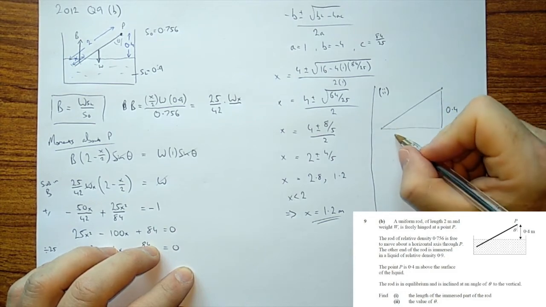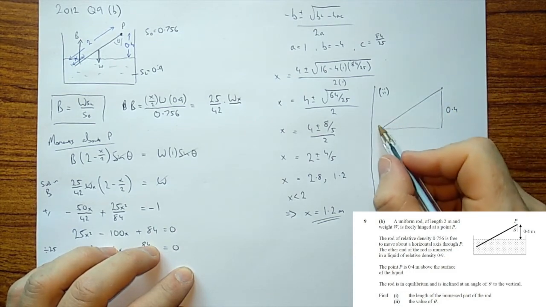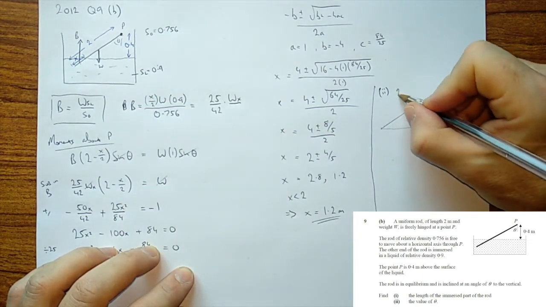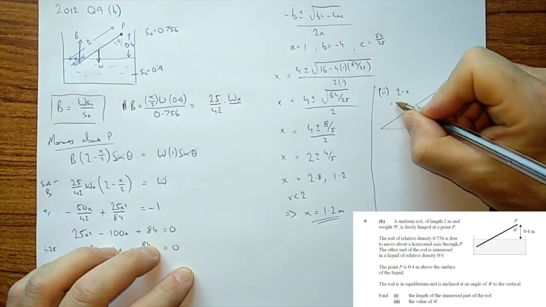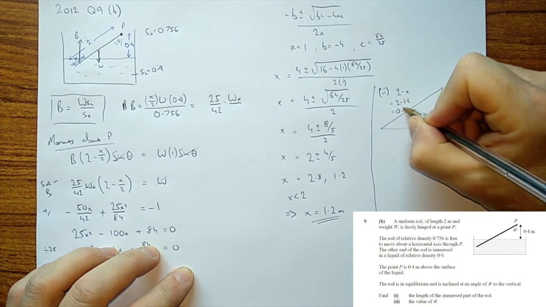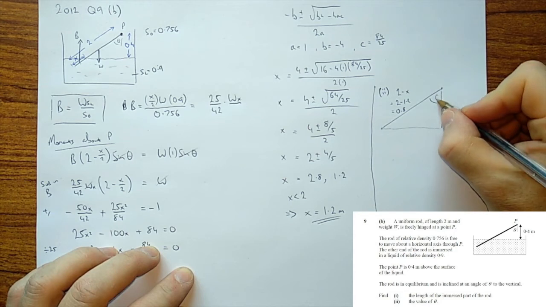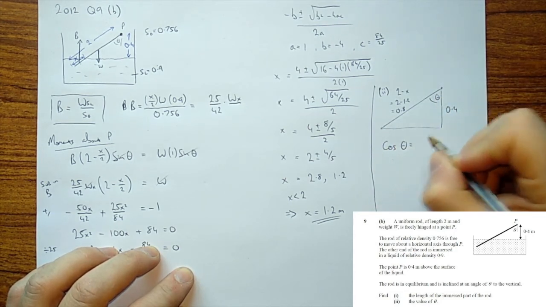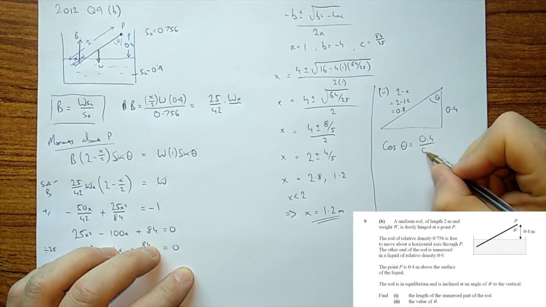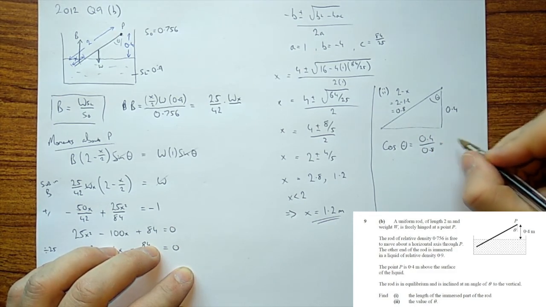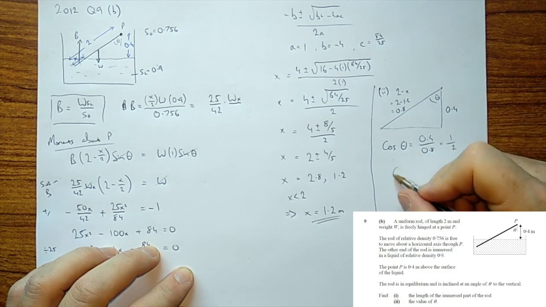This is the water, or the liquid. So this distance from there to there is 2 minus x, which of course is 2 minus 1.2, which is 0.8. That's theta. So we're saying the cos of theta equals 0.4 over 0.8, and that equals 1 over 2.